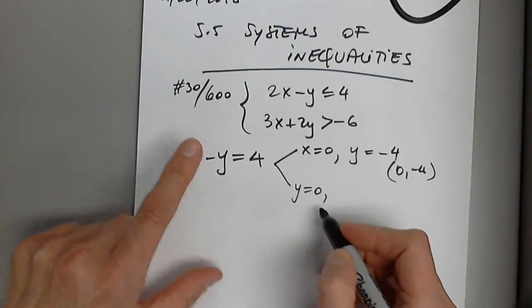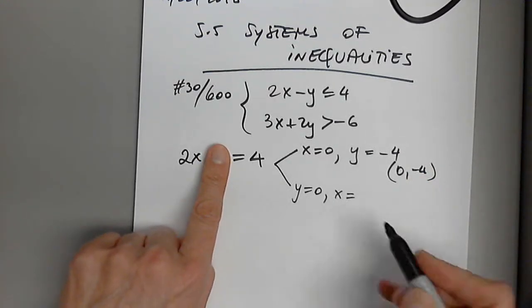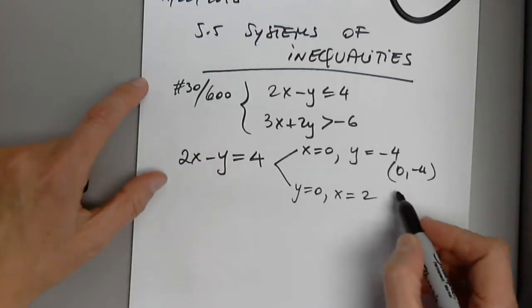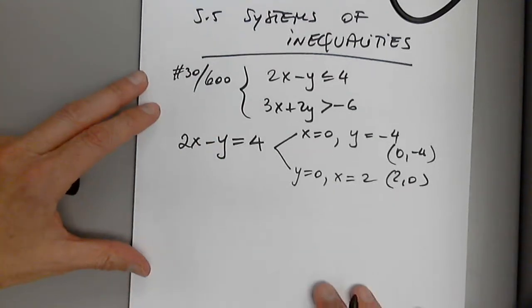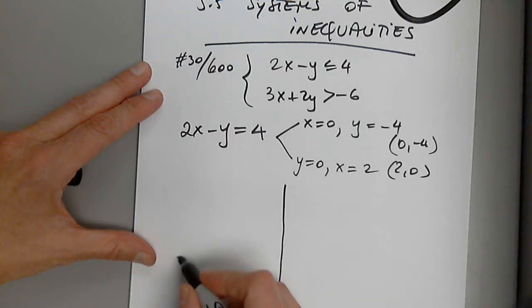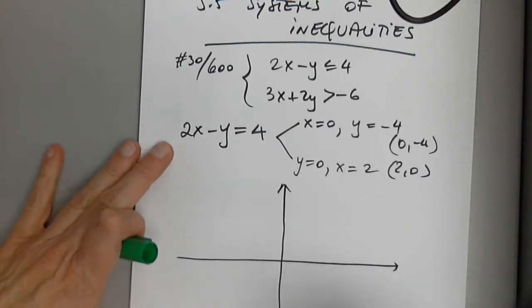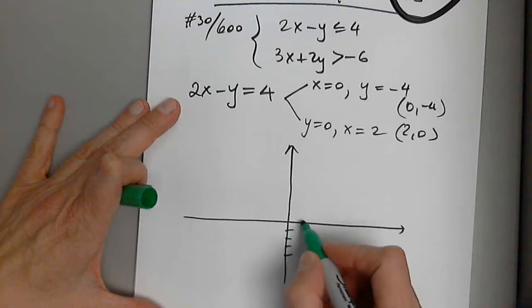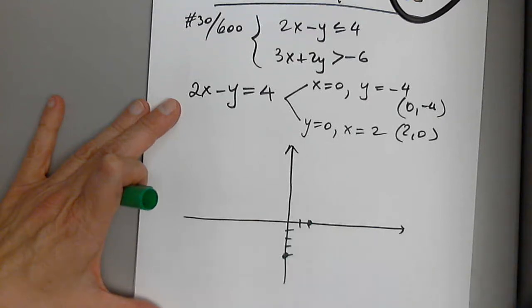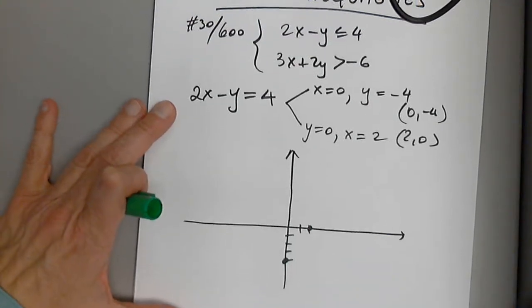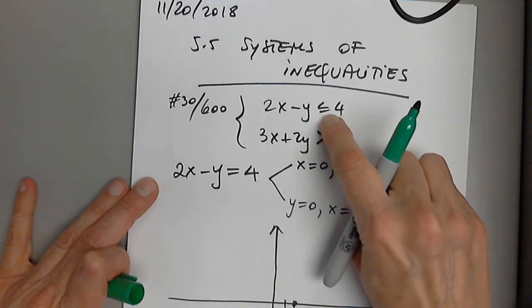And then when y is 0, I get x to be, very good, so then 2, 0. I will graph this line. And I have to graph 0, negative 4, and 2, 0.